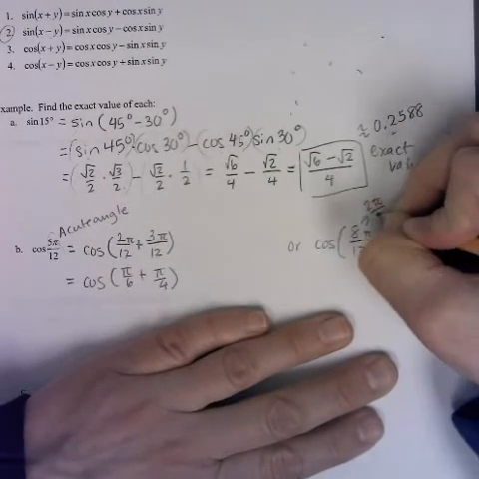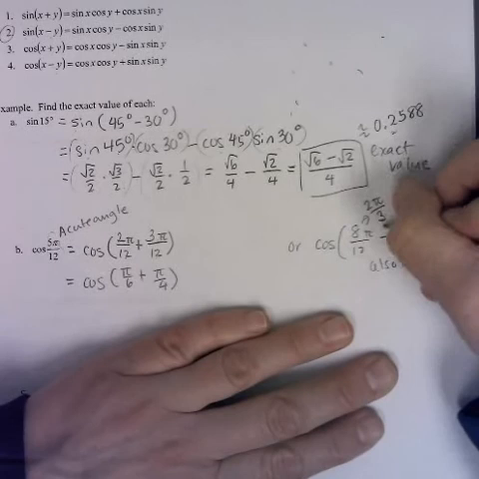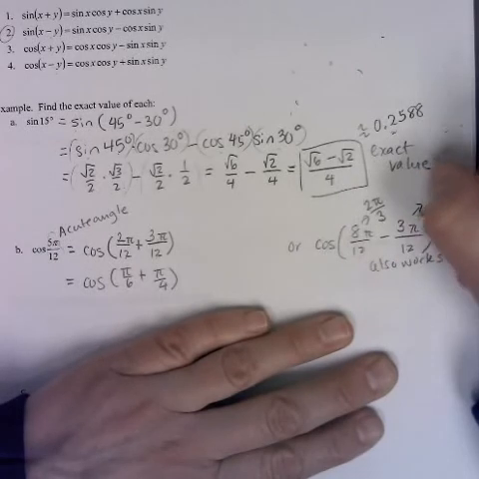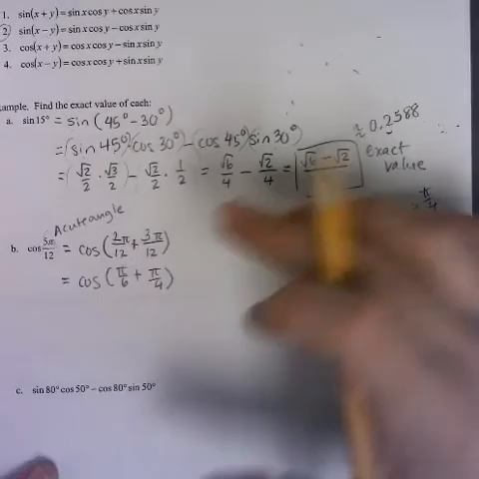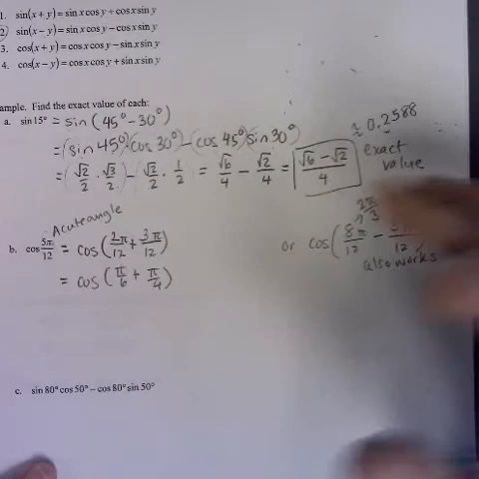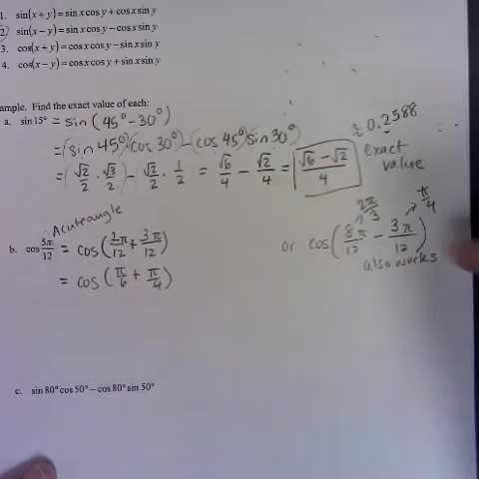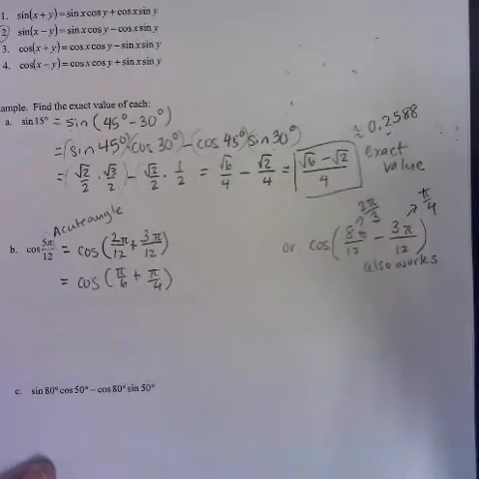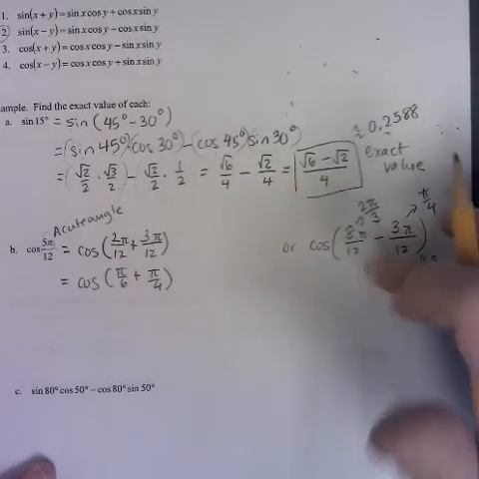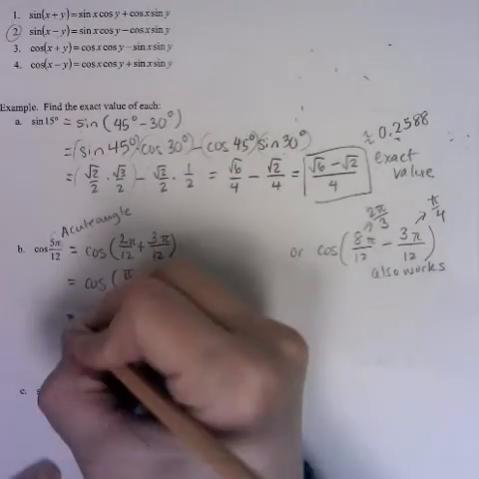But that's still fine because the reference angle is pi over 3. And then this one is pi over 4. So both of those you can calculate exactly, right? I'm not going to do both of these all the way through. I'm just going to do this one, but just showing you another one works. And if you use the difference formula here and evaluate, you should get the same value as you do here. It might not look exactly the same.